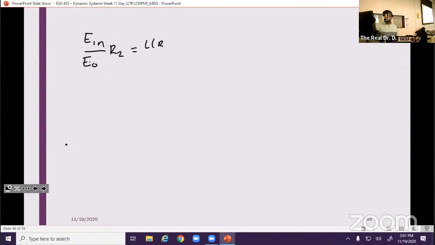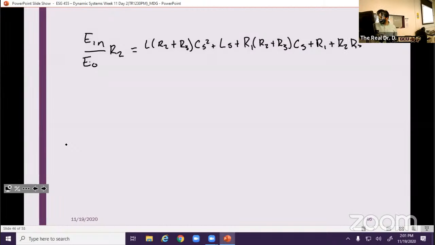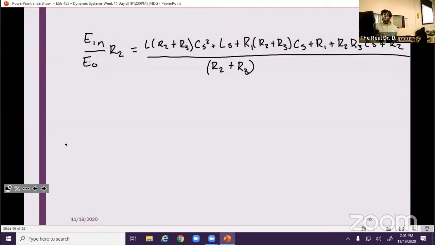The L R2 plus R3 CS squared plus LS plus R1 R2 plus R3 CS R1 plus R2 R3 CS plus R2 over R2 plus R3 CS plus 1.